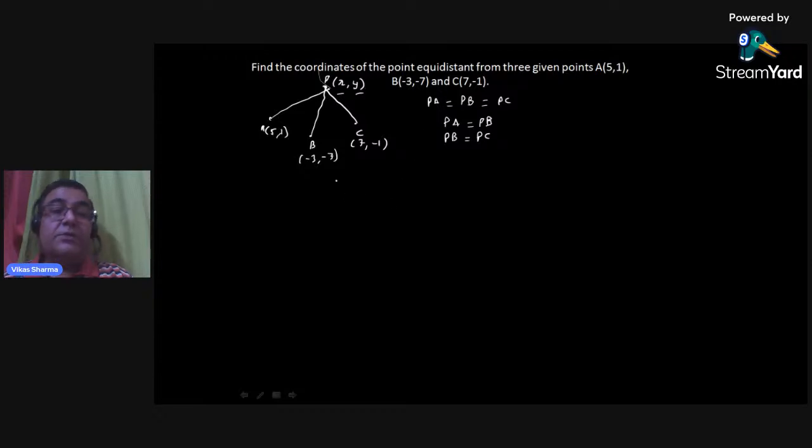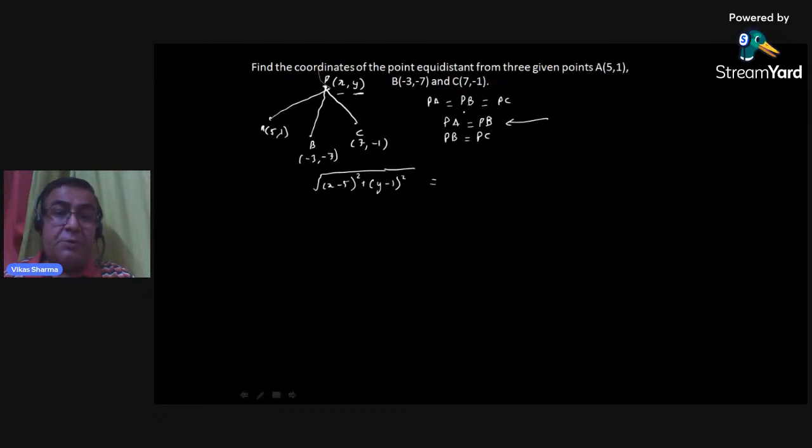Yeah. So basically, we have to do this using the distance formula. So if we find out the distance PA first, so I'm going to use this equation first, PA is equal to PB. So the distance PA will obviously be the square root of x minus 5, because x2 minus x1, so x minus 5 whole square, plus y2 minus y1, so y minus 1 whole square.